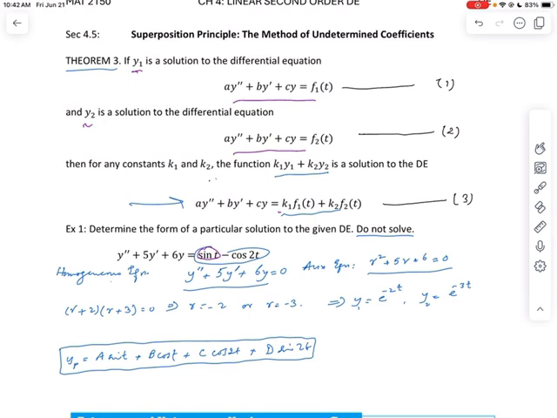Then the homogeneous equation will give us these as the roots of the auxiliary equation. So we can say y1 is e to the negative 2t and y2 is e to the negative 3t.